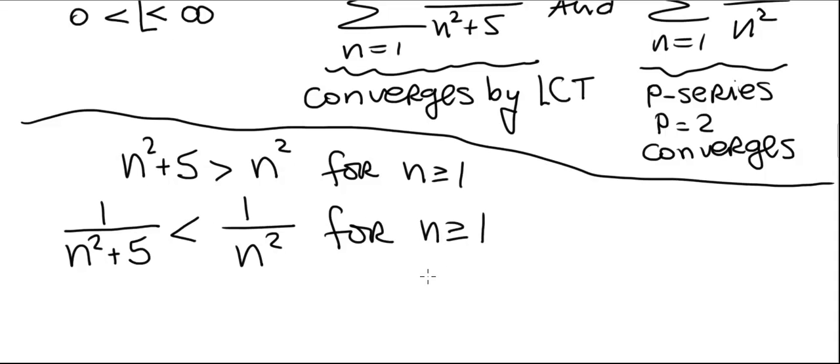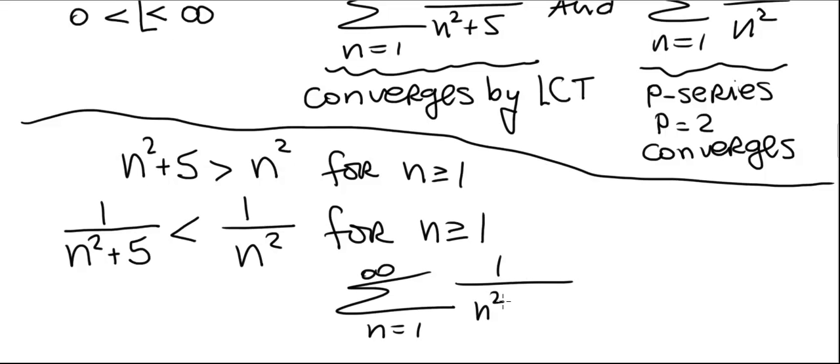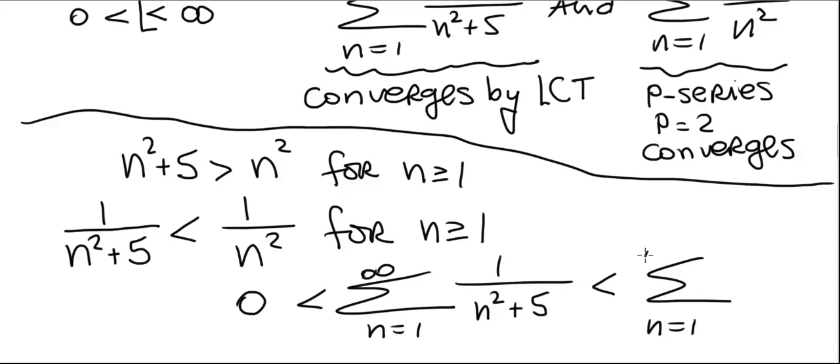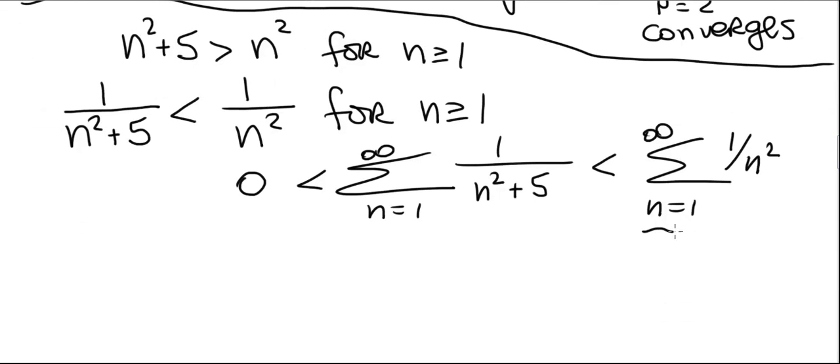Now, when we sum these up, the summation n equals 1 to infinity, 1 divided by n squared plus 5, clearly this is a positive value, so it's either a finite positive number or it's infinity, clearly greater than 0, but it's also less than the summation n equals 1 to infinity of 1 over n squared. Now again, we recognize this series. This series is a p series.